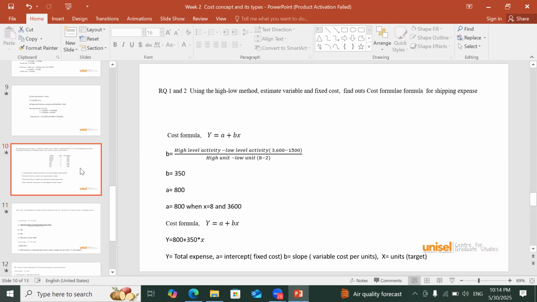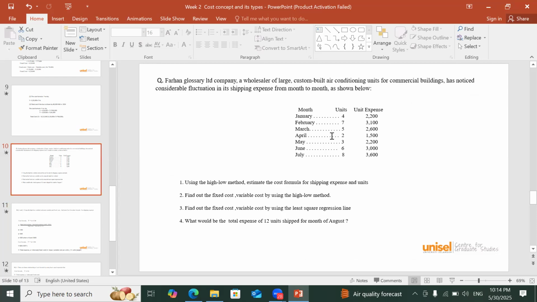You may pick any. Okay, if I highlight, you try to find the February month variable cost and fixed cost. You consider February. If I try to find June, how much variable cost, how much fixed cost, you consider the June month.